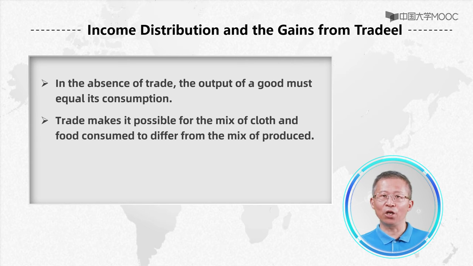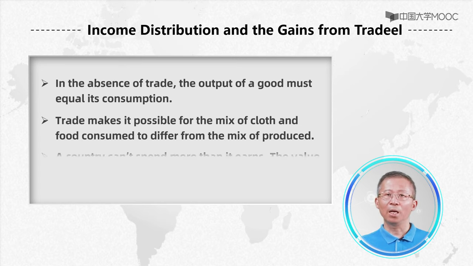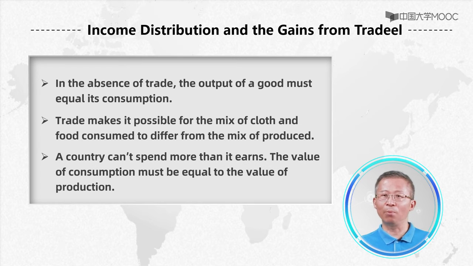While the amount of each good that a country consumes and produces may differ, however, a country cannot spend more than it earns. The value of consumption must be equal to the value of production.